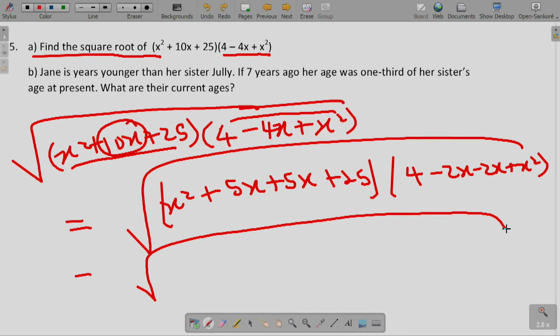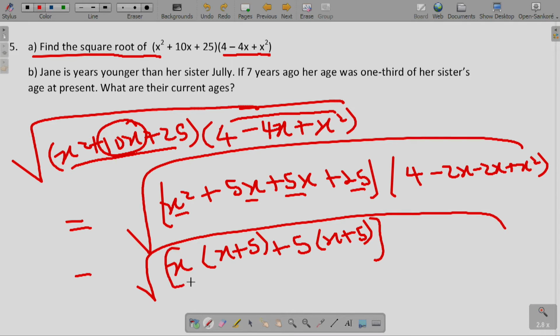So this is equal to the square root of, we take x common here, remain x plus 5, and here we take 5 common, remain x plus 5, whole times, and here we take 2 common, remain 2 minus x, and also here we take x common, so remain negative 2 plus x.